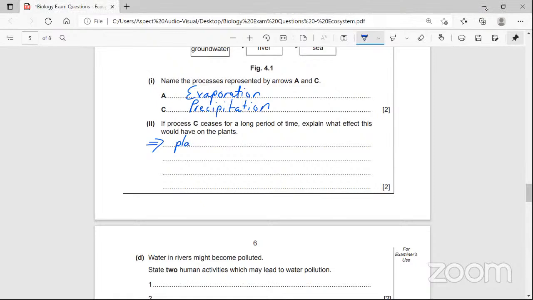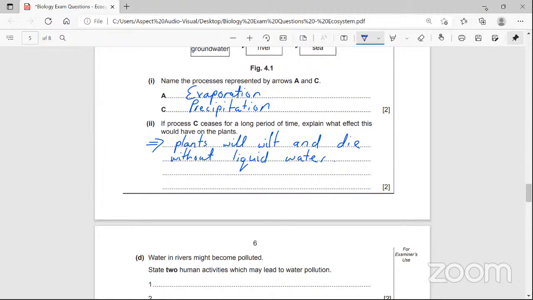Plants will wilt and die without liquid water. Right, so you need to express that it's liquid water that they use. Are we together? Liquid water.